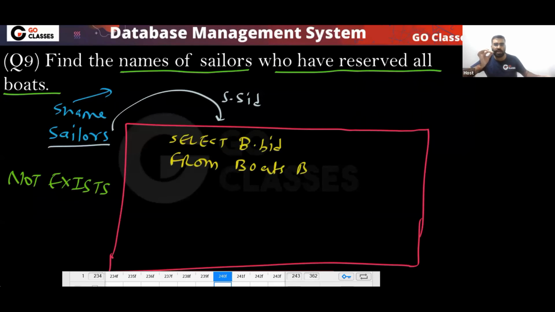This will give you all the boat IDs. Do I need to put distinct here? Tell me, Nikhil. Already BID is a primary key in the boats table.